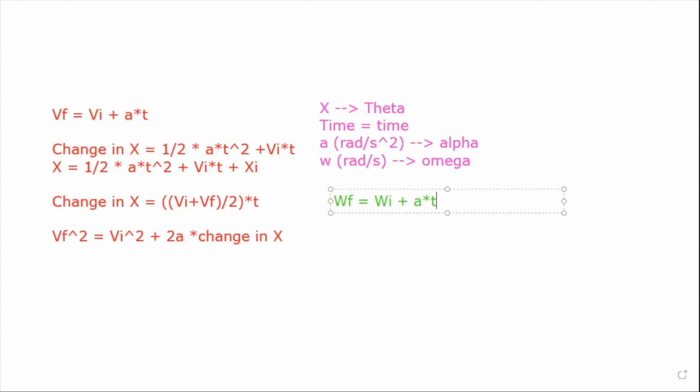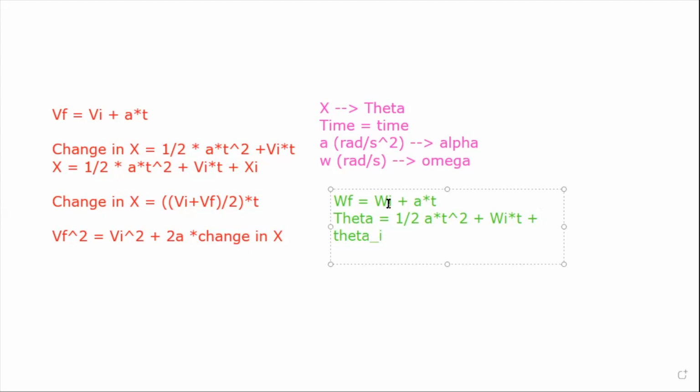And boom, right here we have an equation, really just the basic definition, turned into the rotational world. Likewise, the change in theta is going to be 1/2 alpha times time squared. That's not going to change too much. We're going to have the initial rotational speed times time, and then the initial change in theta.